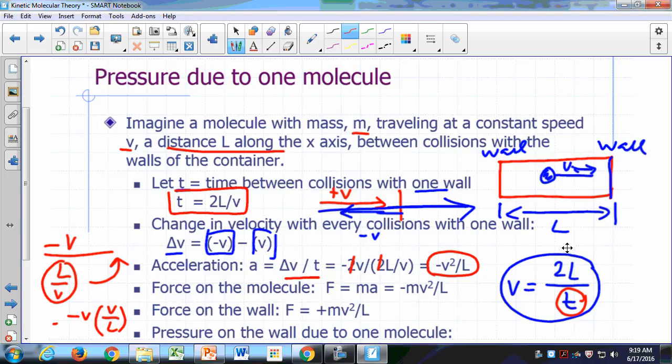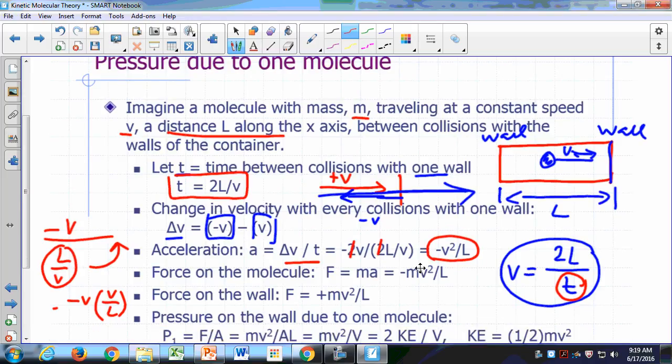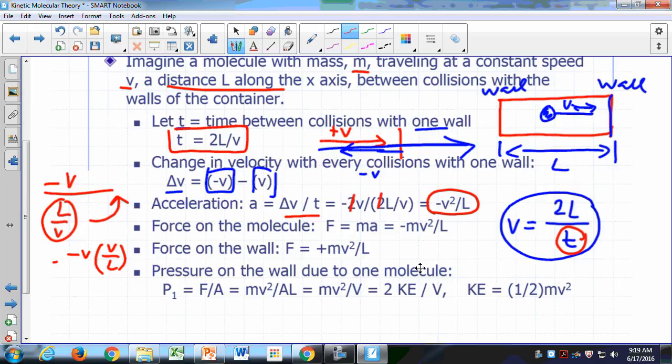Since the molecule is being accelerated, there must be a force acting on that molecule, and the force on that molecule when it's accelerated is given by mass times acceleration, Newton's second law. So mass times the acceleration, which happens to be negative v squared over L. Since there's a force on the molecule, according to Newton's third law, the molecule also exerts a force on the wall, an equal and opposite force.